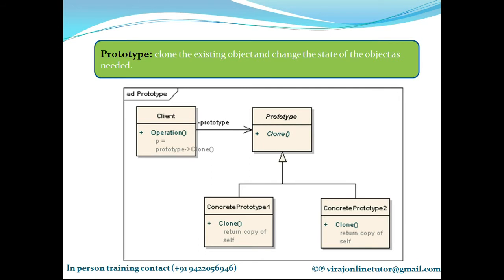Now for every user that is logging in, we just clone the first object and change the user specific details like username and password to validate the user. The key point here is every time a new user logs in, we clone the very first object that we created and update the user specific details into it.